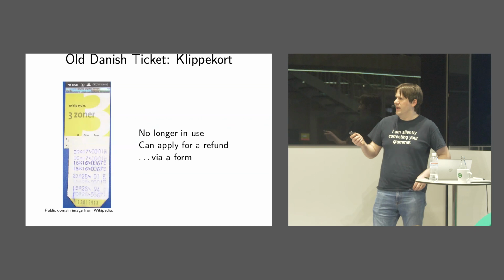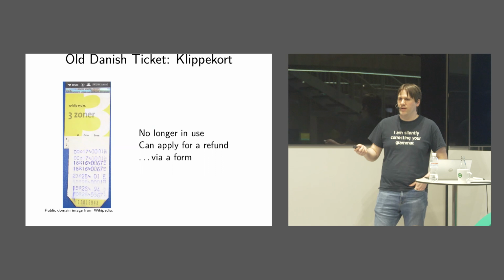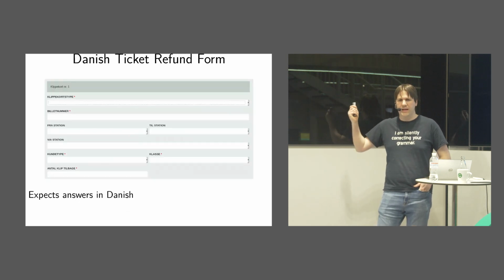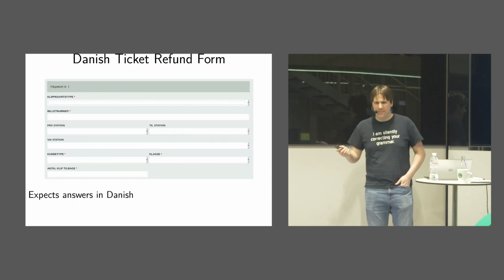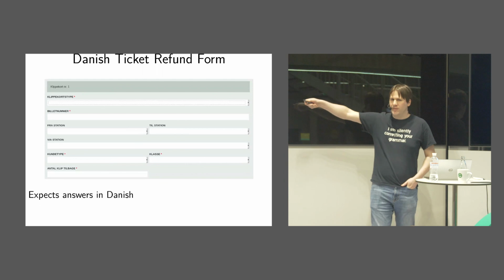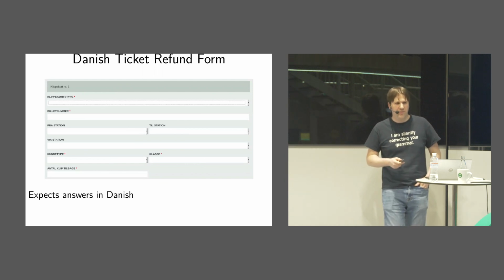The other use case we have is, I was in Denmark for a conference and had these old Danish bus tickets. They're no longer in use, but you can get a refund for them if you file an online form in Danish. I don't speak Danish, but I need to produce some answers in Danish to this form.